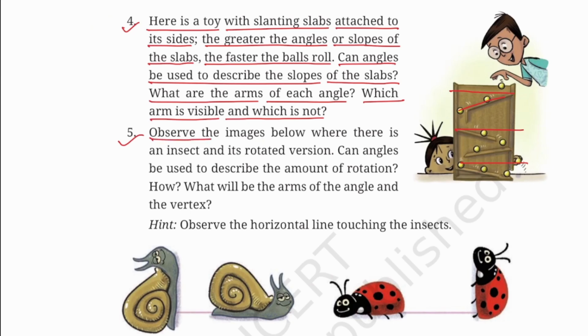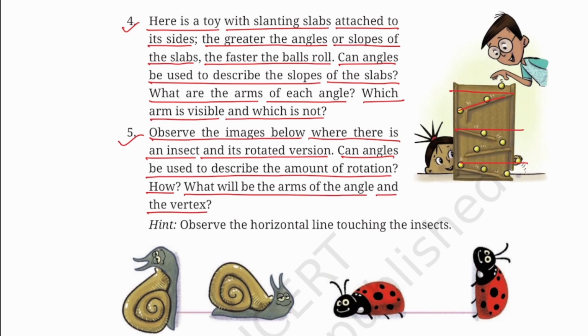5. Observe the images below where there is an insect and its rotated version. Can angles be used to describe the amount of rotation? How? What will be the arm of the angle and the vertex? And observe the horizontal line touching the insects.